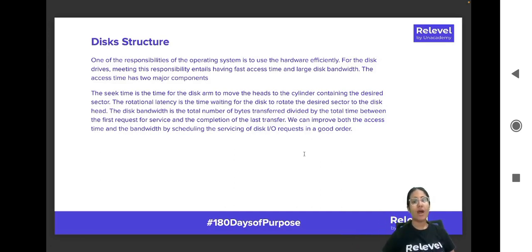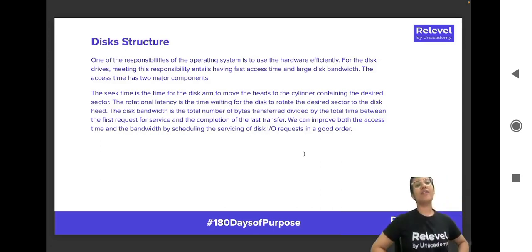If you want your hardware to be very effective, the operating system needs to take care that fast access time is provided as well as large disk bandwidth. And we can improve both the access time and the bandwidth by scheduling the input output requests in a good order.